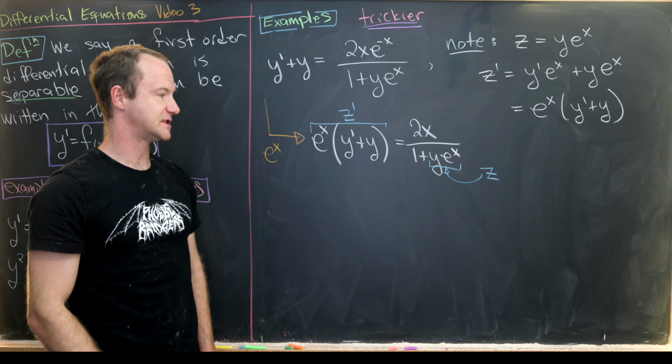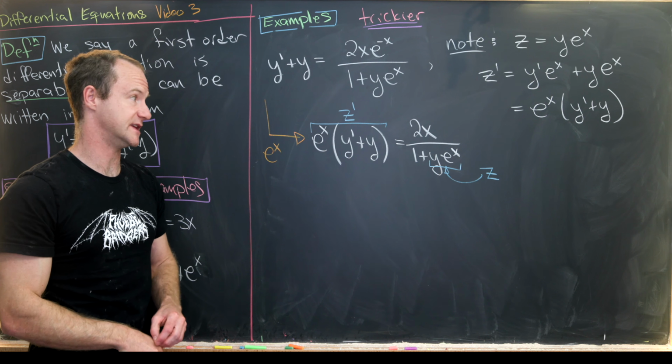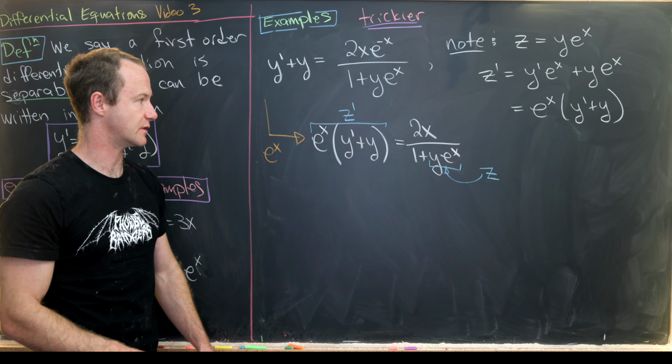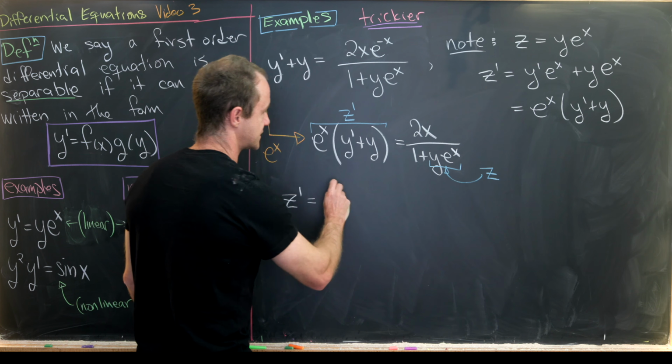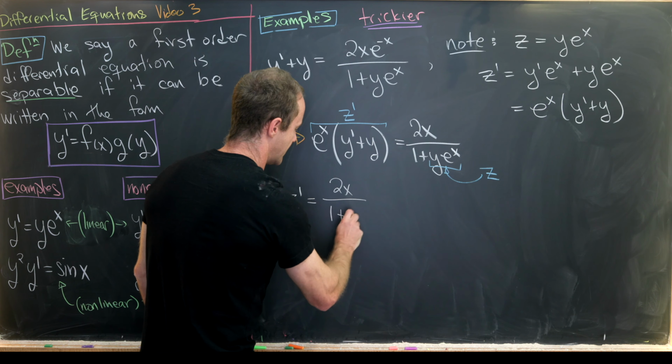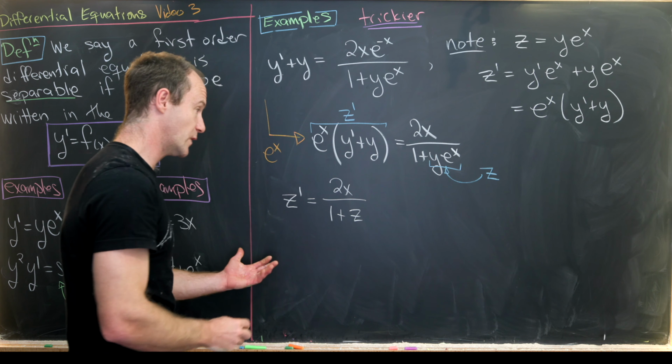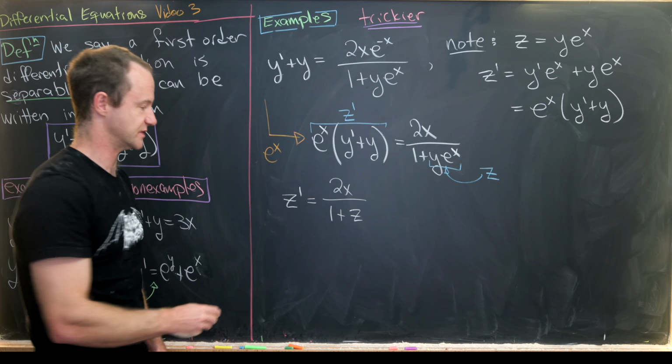But making that substitution turns this into what is indeed a separable differential equation. So let's notice that doing that, we have z prime equals 2x over 1 plus z, which we can solve with the separation of variables technique.